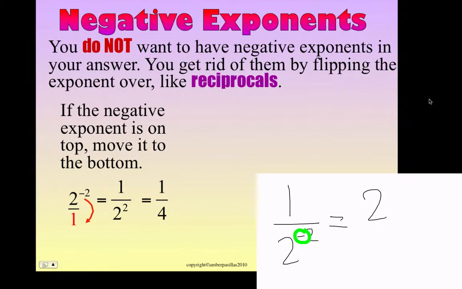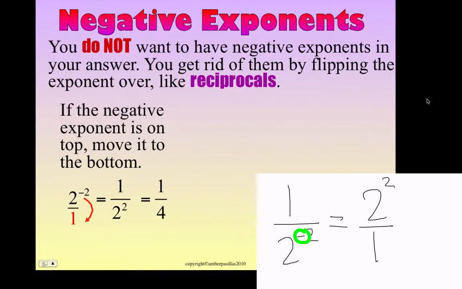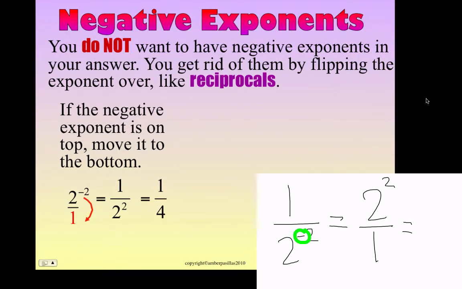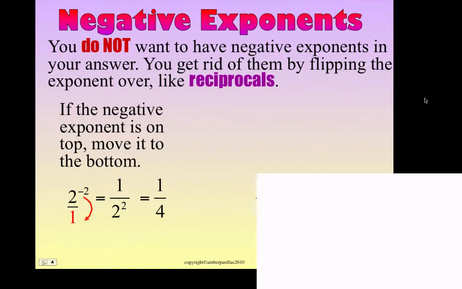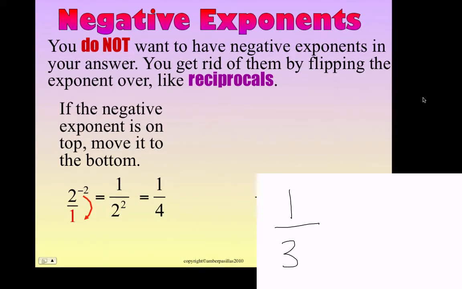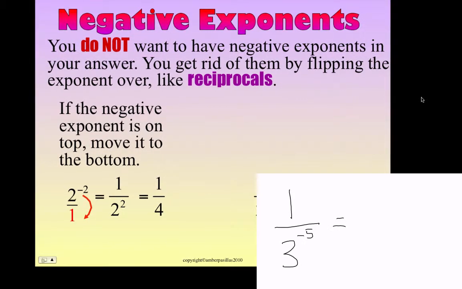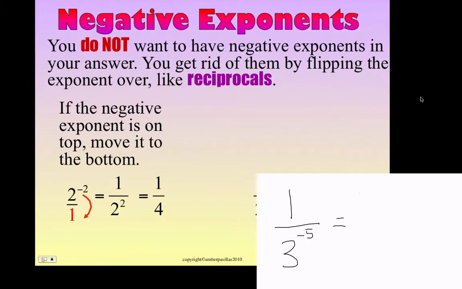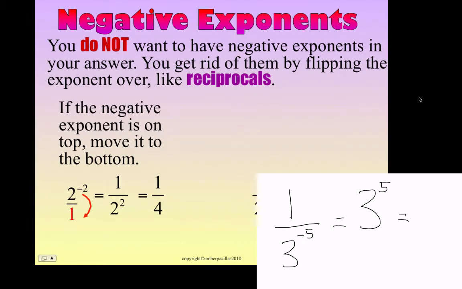He's going to keep the same exponent. And if there's nothing left behind, a 1 remains. Okay, so then when you do the multiplication, this turns into a 4. Let's do one where it's a different exponent. Like, let's say we had 3 to the negative 5th. Think about what's going to happen. It's going to go upstairs, 3 to the 5th, and then whatever that would be, a big number.